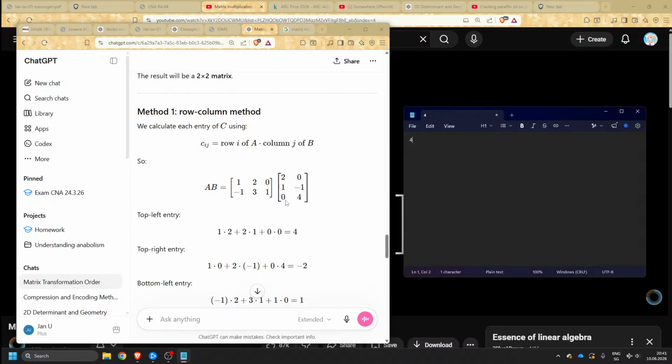So we have 4 for the first entry, then we have 1 times 0 is 0, minus 2 plus 0. So we have minus 2. Then we have minus 1 times 2 equals minus 2 plus 3 equals 1.